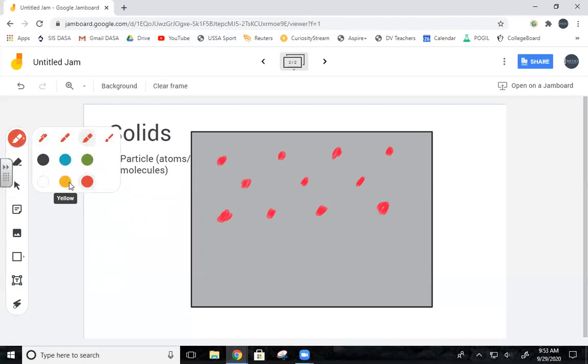Okay, and then we're going to do some using a different color. We use green. We're going to do connections between these particles. Wow, this is really pretty. So all of these particles are interacting with one another.